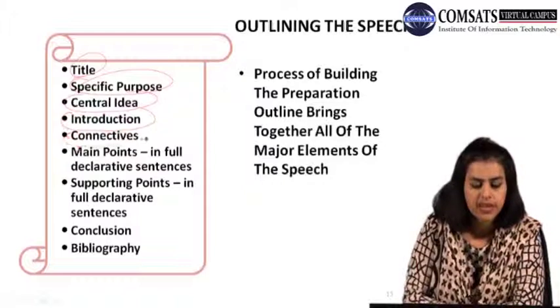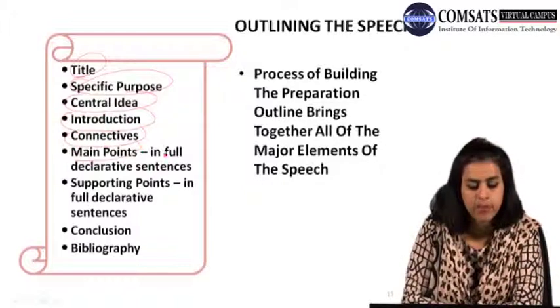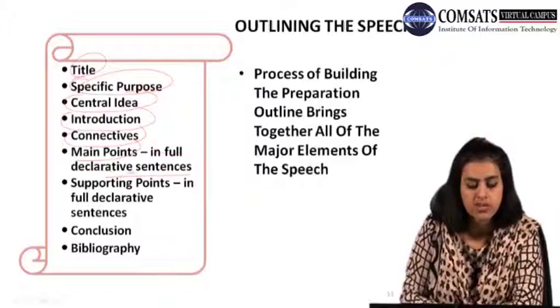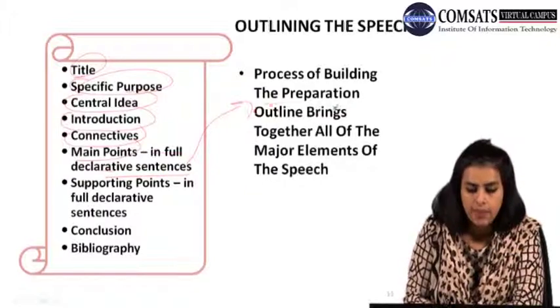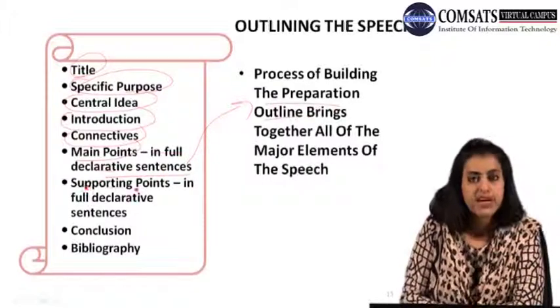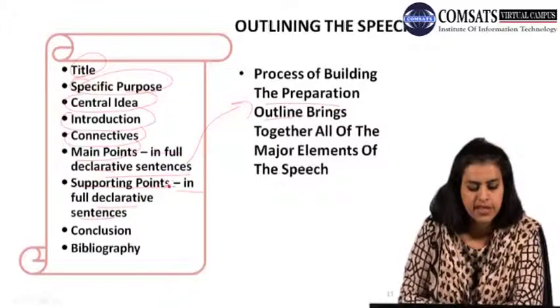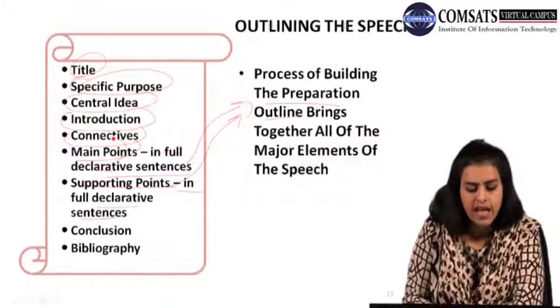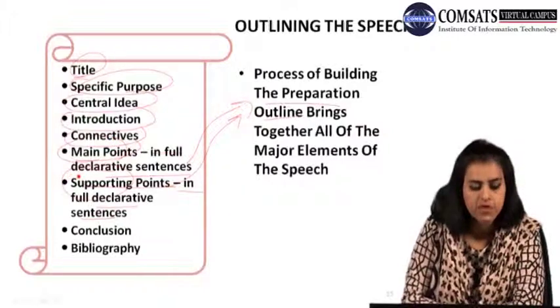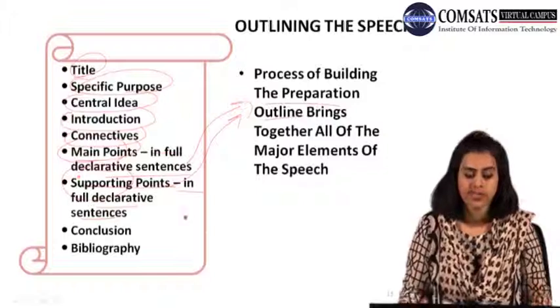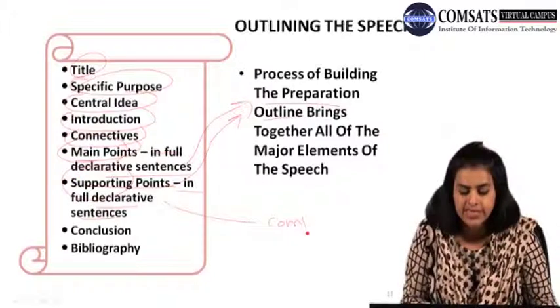Then the introduction, then the connectives, then the main points in full declarative sentences once you talk about the preparation outline. Then there are supporting points in full declarative sentences. Again, your supporting ideas and your main points must be written in full declarative sentences, which are going to be your complete sentences.